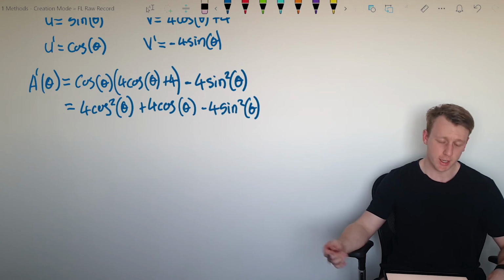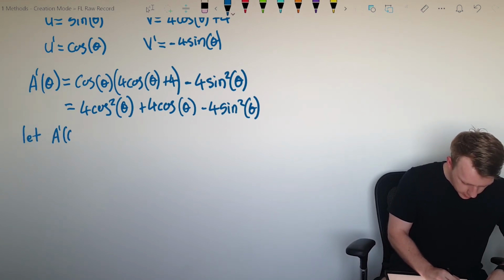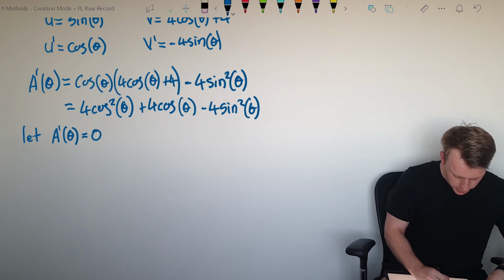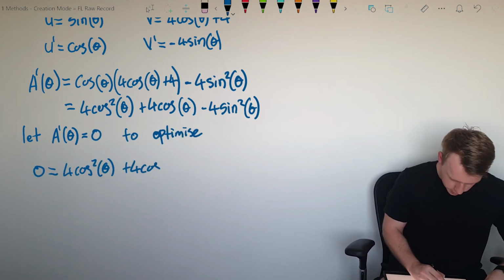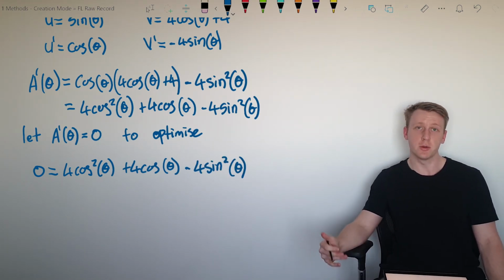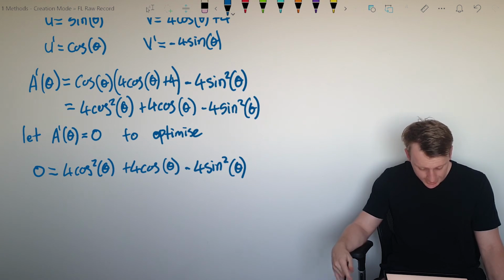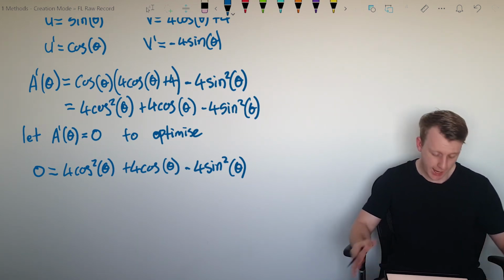Okay, so we simplify our expression here. I'm going to let the derivative equal 0 to optimize. And so we're in a bit of a pickle here because we don't really know how to solve this at the moment.